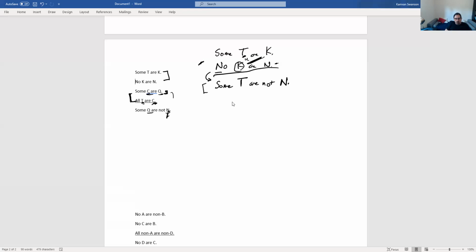Some C are Q and all T are C. Okay, now here's the thing. We know that it's not this one because there's no shared terms here. What if it's this one?